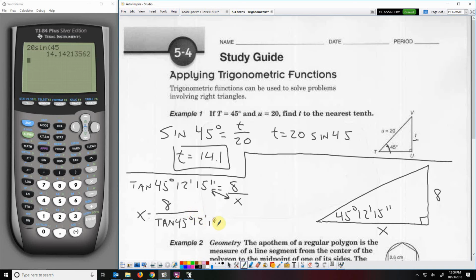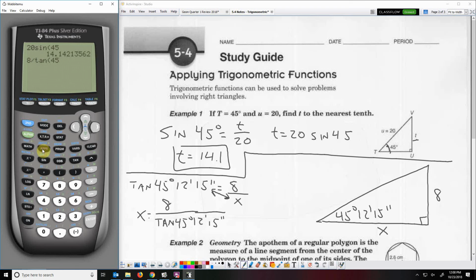Okay, so in my calculator, 8 divided by tangent 45, then I'm going to go to angle, which is right here, second function, second angle. I've got degrees. Did I even put in the 45? I did.